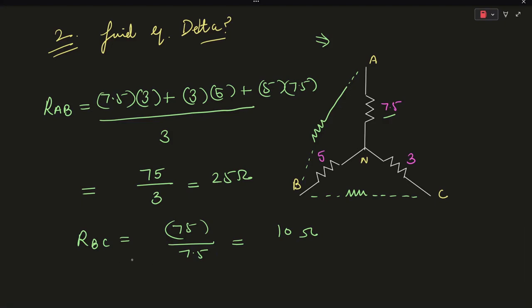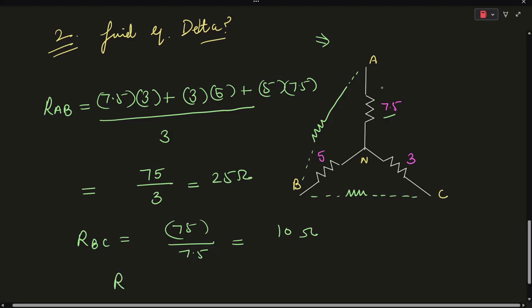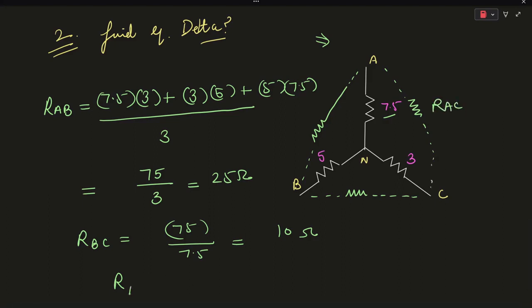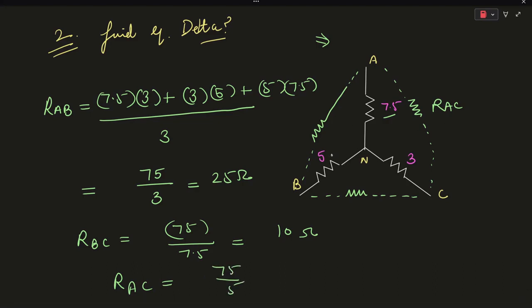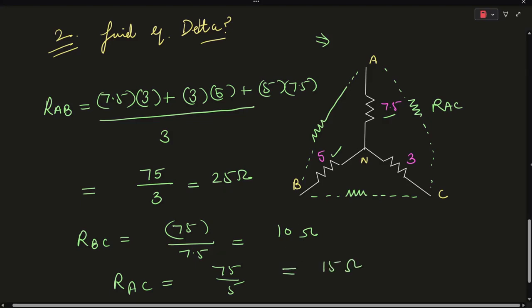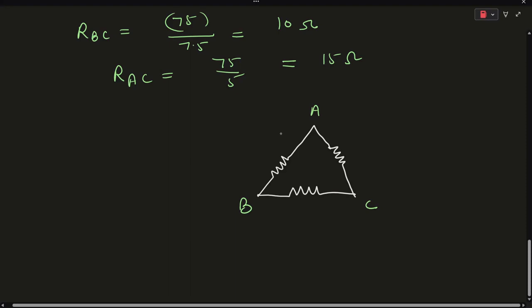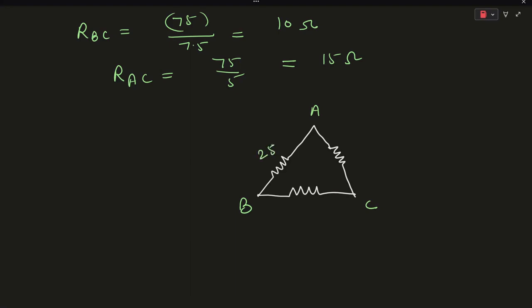Similarly, RAC will be equal to 75 upon the opposite resistor branch, which is 5. So it is coming out to be 15 ohms. The equivalent delta connection of the above network will be: RAB equal to 25 ohms, RBC equal to 10 ohms, and RAC equal to 15 ohms.